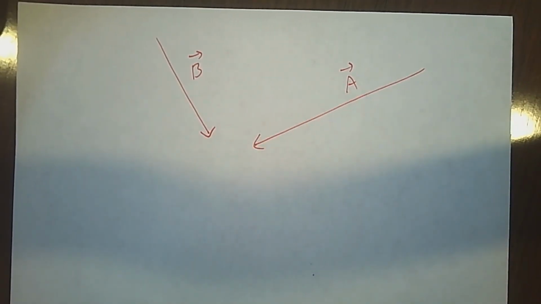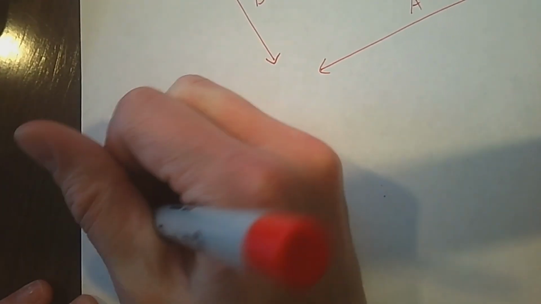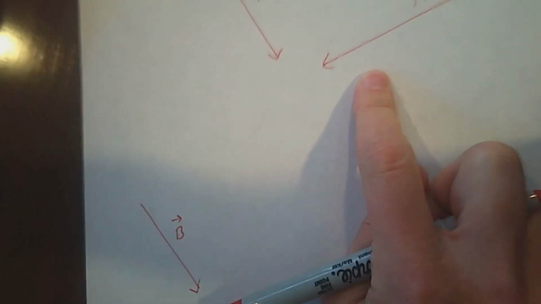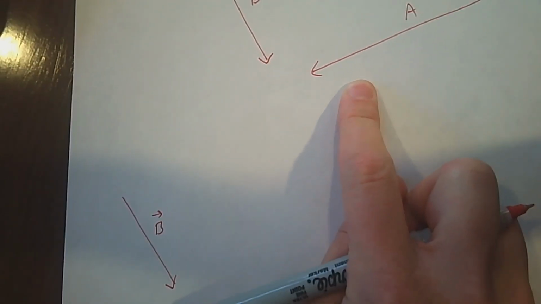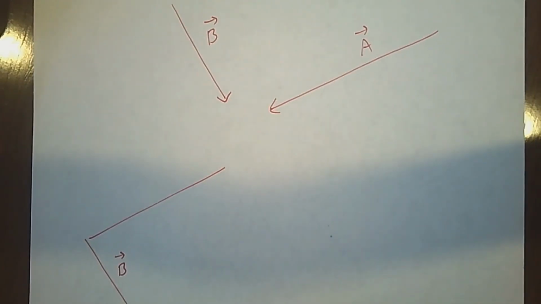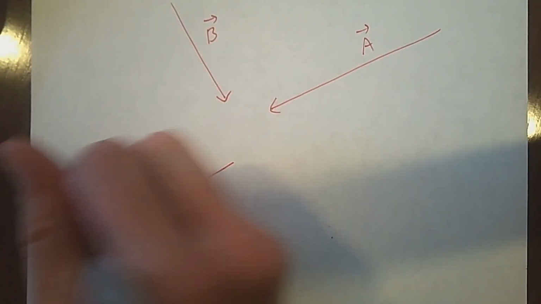So first, I just want to show you what the resultant looks like when I add these things together in a tip-to-tail fashion. So let's go down here. I'm going to do my best to draw B exactly as I see it here. So parallel, same direction, and the same magnitude. And then A is right here. I'm going to add this tip to tail. It's about this long, maybe a little tiny bit longer.